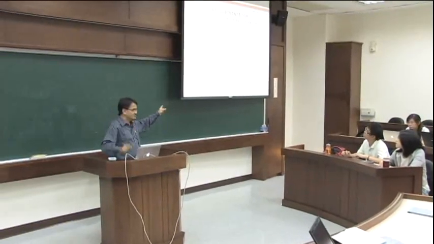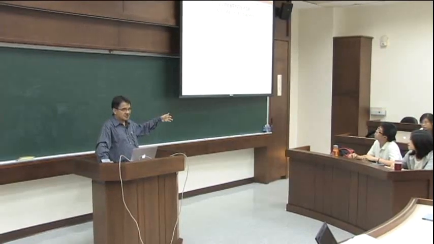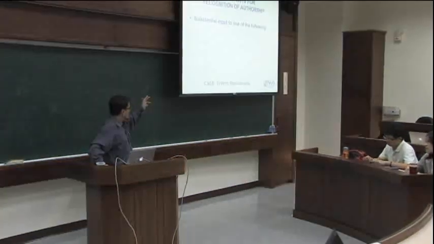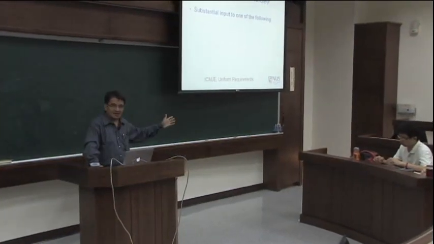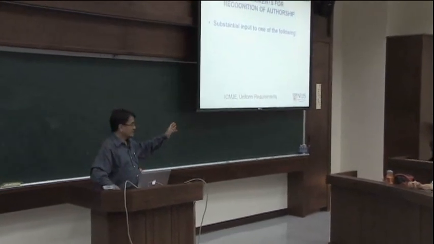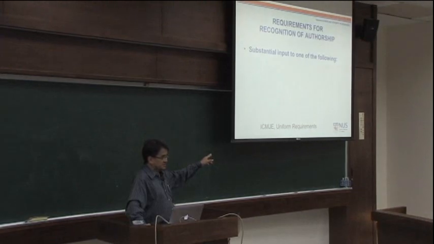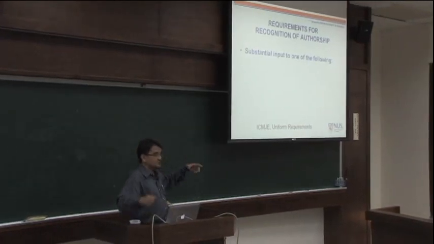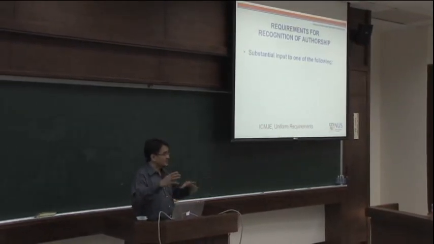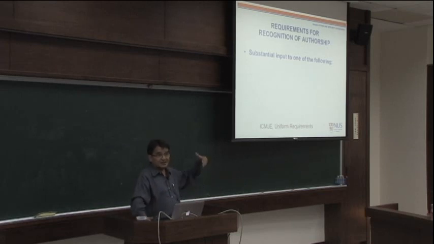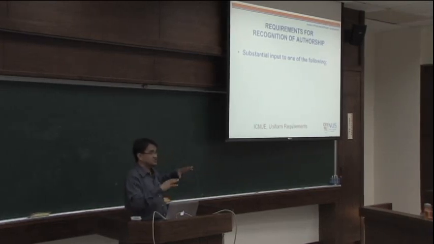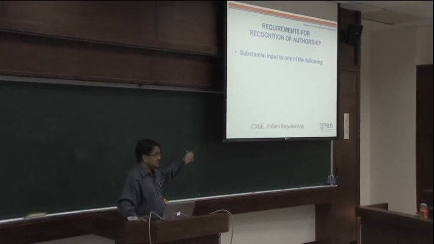The ICMJE is the International Committee for Medical Journal Editors. Okay? While it is a committee of medical journal editors, what they say has been recognized not just by medical journal editors, but by other publications as well. So this is the generally recognized set of requirements for authorship.